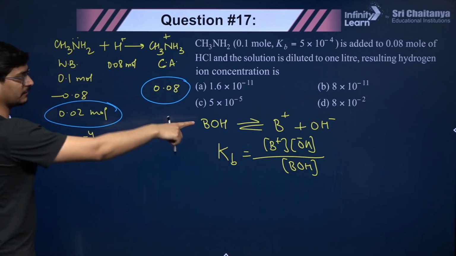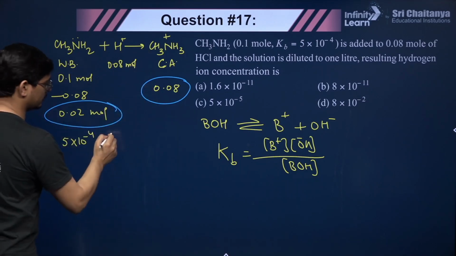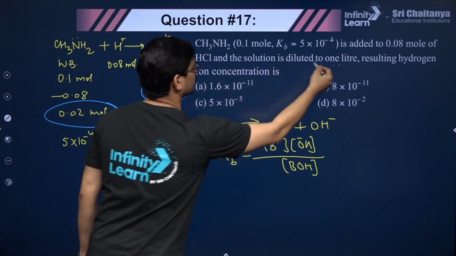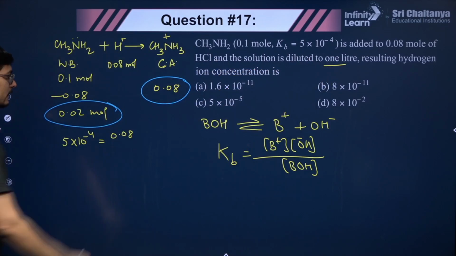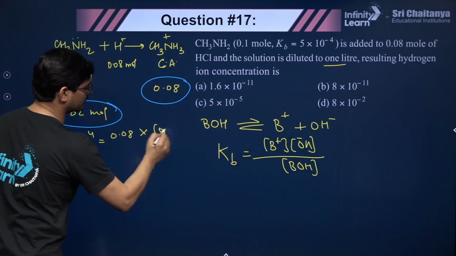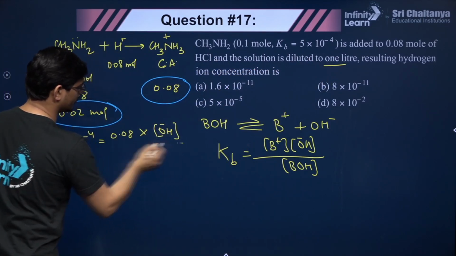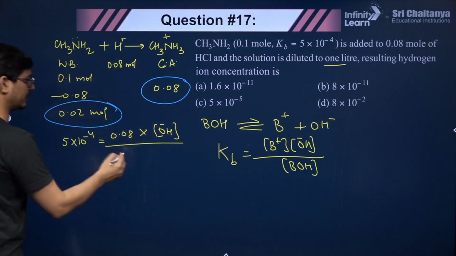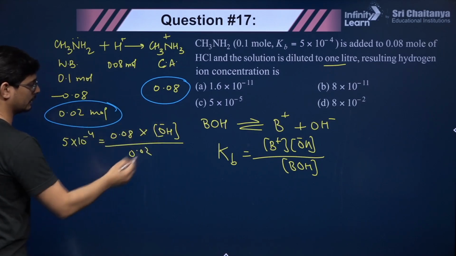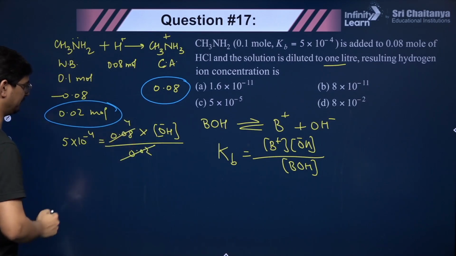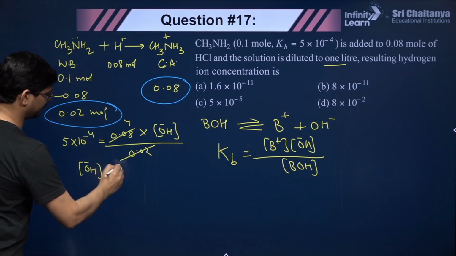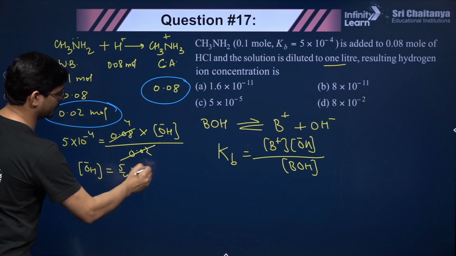The concentration of conjugate acid is 0.08 because they are in 1 liter, so number of moles is the molarity. Then the hydroxide ion concentration divided by the concentration of base, which is 0.02. So this will cancel as 4 and the concentration of hydroxide will be 5 by 4 into 10 raised to the power minus 4.